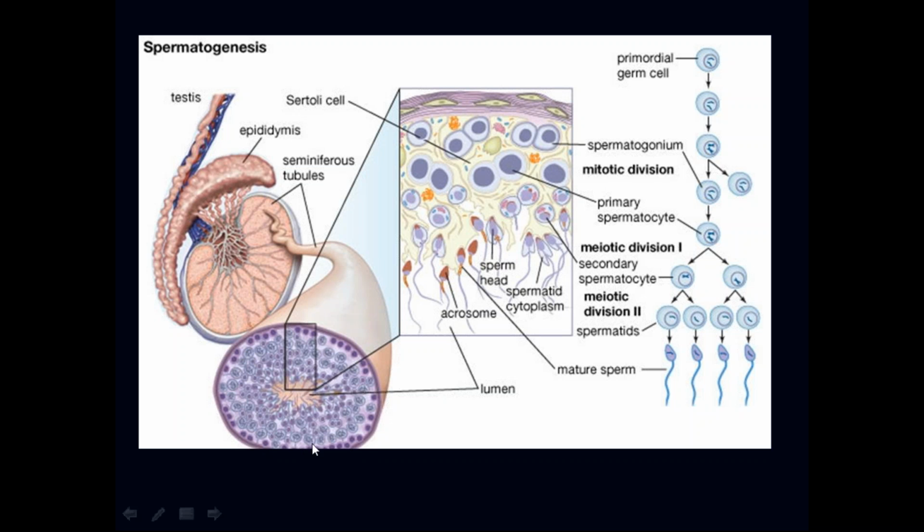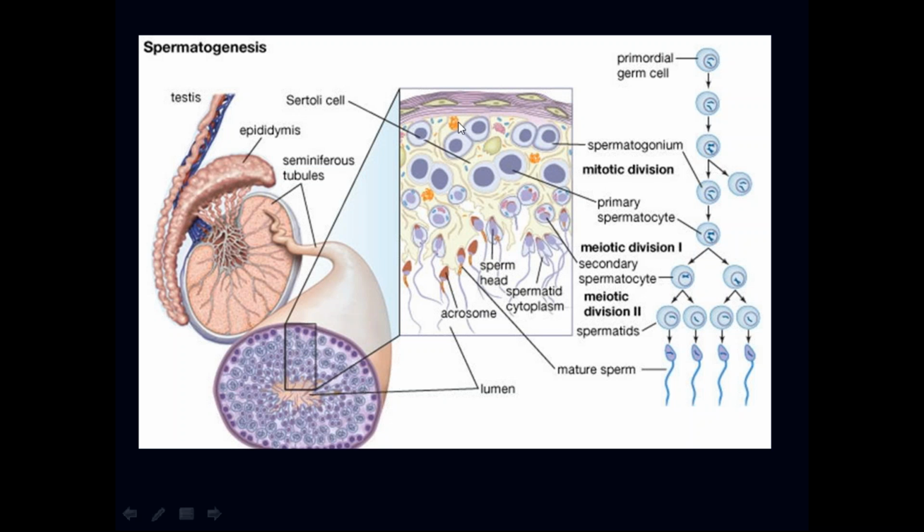The second line is going to be more mature cells, the third line and the fourth line, until they get mature close to the lumen. Lumen is the space that we have in the seminiferous tubules. And here is where they are going to obtain the tail.